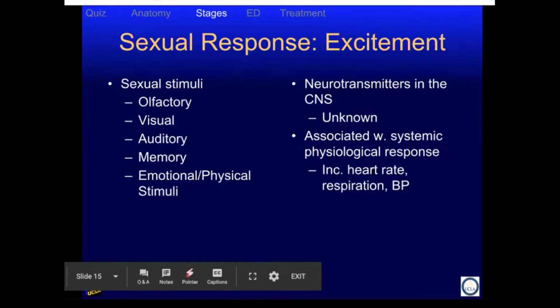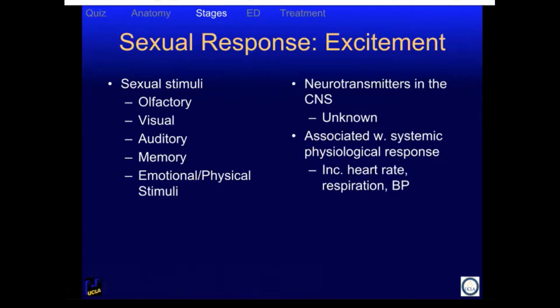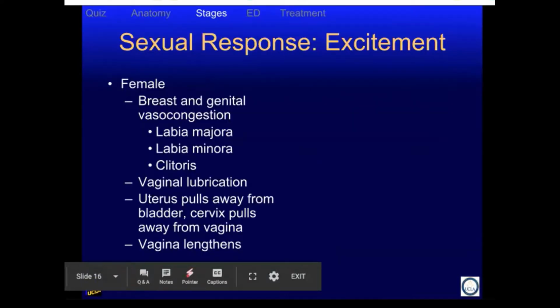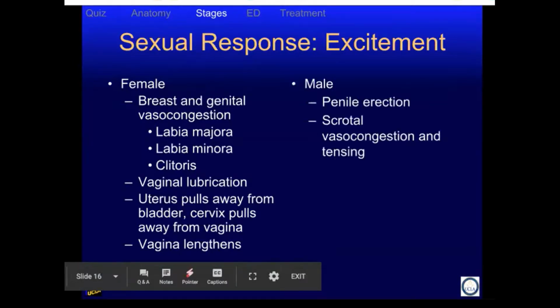So like tachycardia and whatnot, increased heart rate, respiration, blood pressure, and then you have muscle contraction and vasodilation with engorgement of the genitals. So there are corresponding male and female physiological responses. Men get erection, scrotal vasocongestion, testicular elevation, and a similar response occurs in women. They get increased lubrication, contraction of the uterus, and the vagina lengthens.